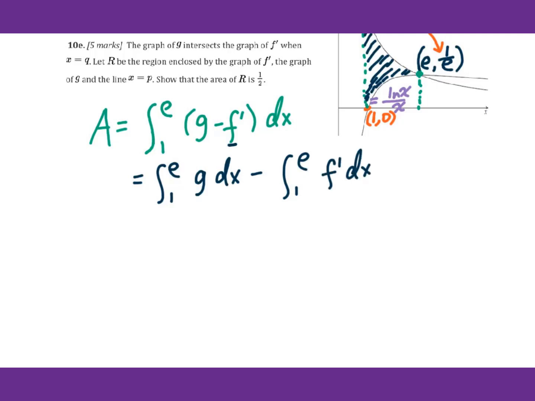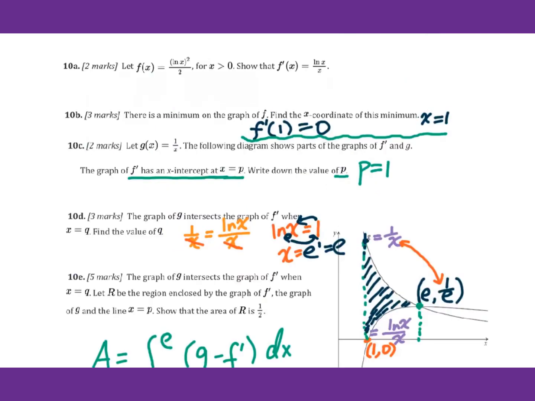For this one, you will get 1 over x. From here, because you have f prime, you can get f, then you do 1 through e. This is the f function.